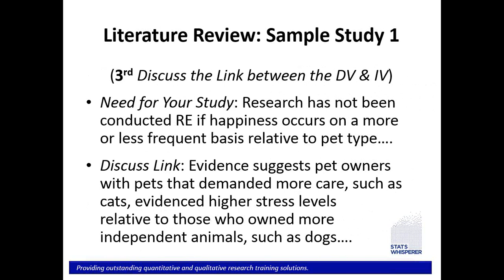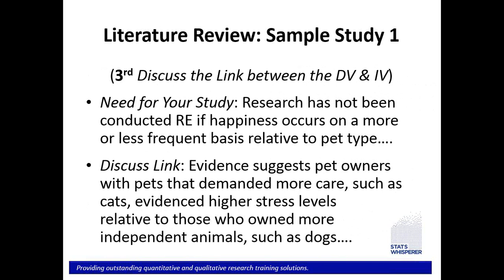Now, third, the next section, we want to marry the two. So we want to discuss the link between the dependent and independent variables. So we're establishing a need for our study. So we just had 2 paragraphs on how the independent and dependent variables are important, and now we're saying, but they haven't been compared.